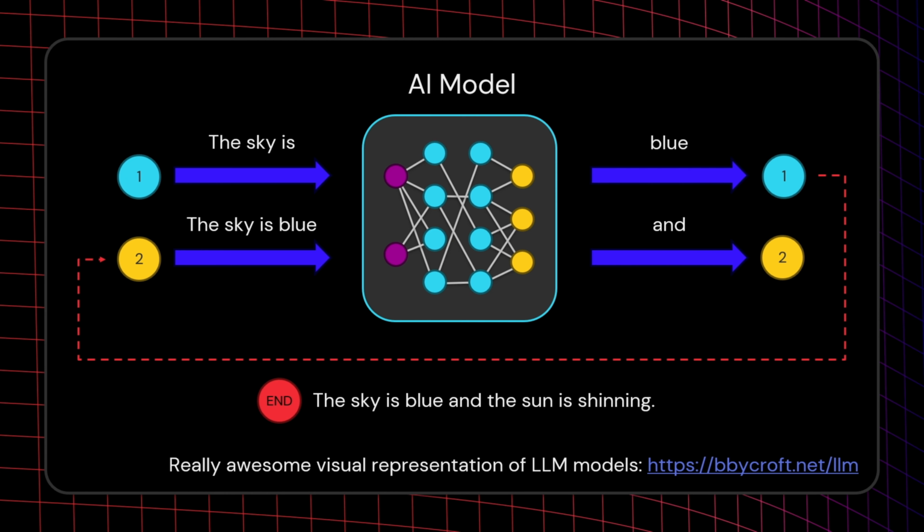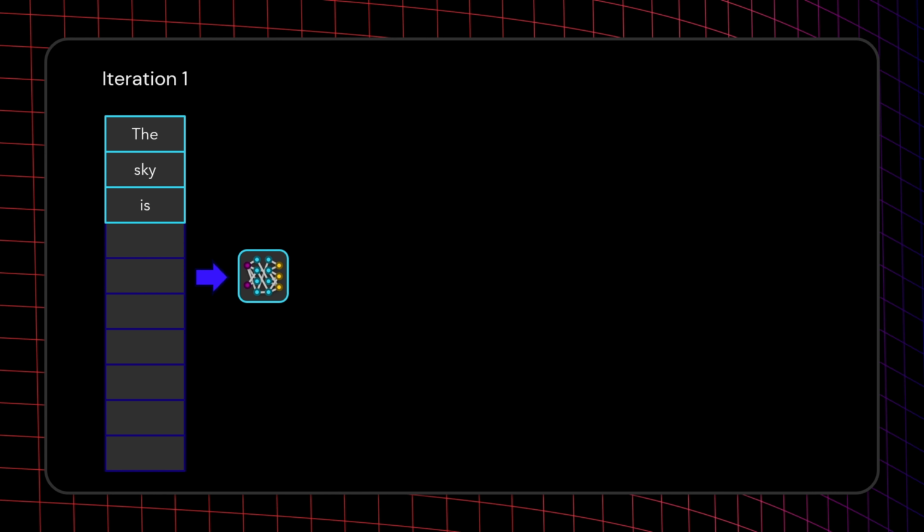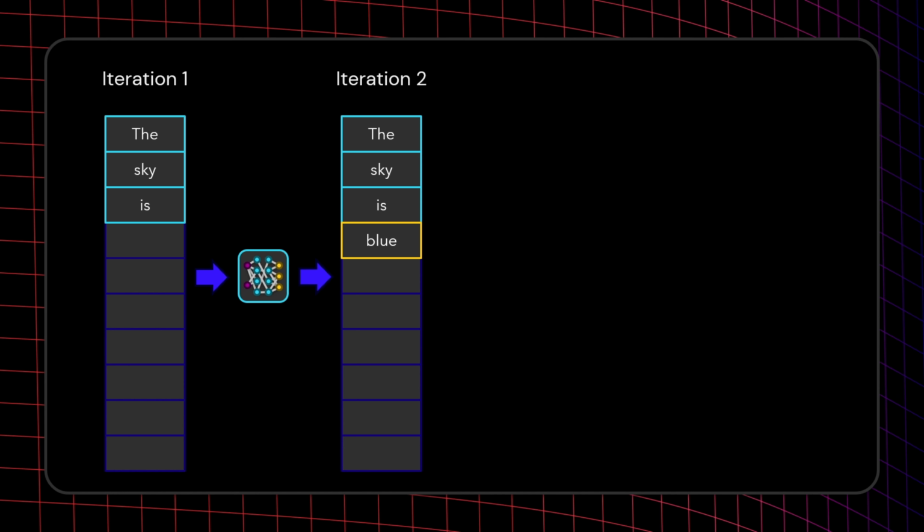So if we look into a typical situation here, in the first iteration we had "the sky is", and these were the input tokens that we gave. Then we ran the model one time, and it gave "blue". So in the second iteration, "blue" is already considered an output token.